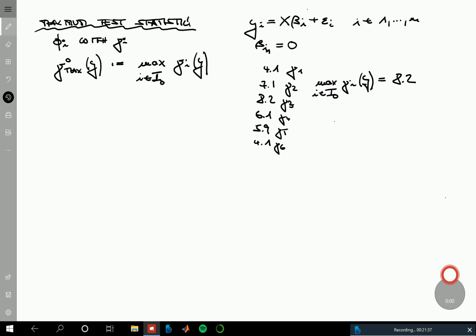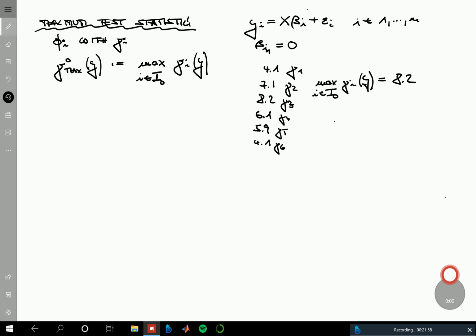And if you now think of this from a sampling perspective, for example, you simulate the GLM for multiple voxels, and for all voxels you set the null hypothesis to be true.